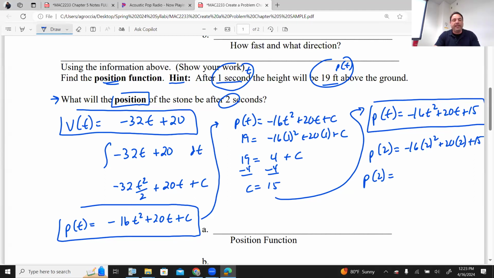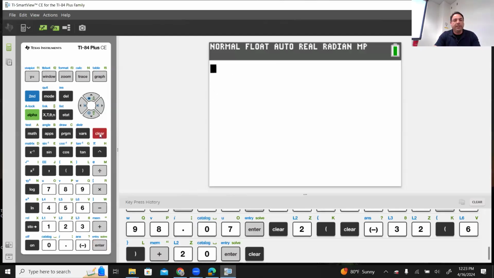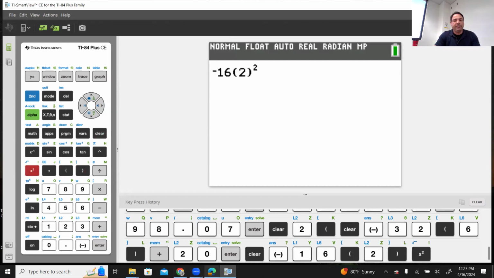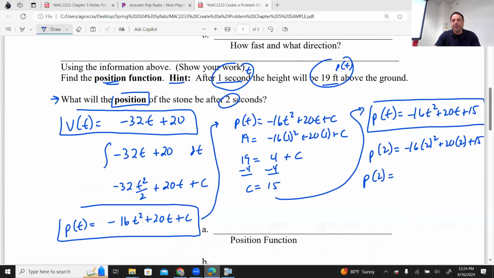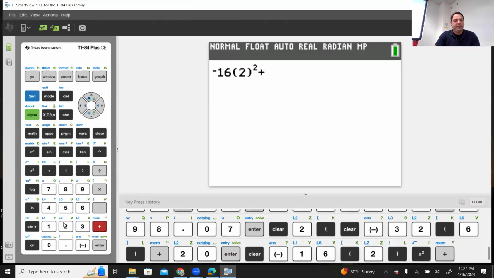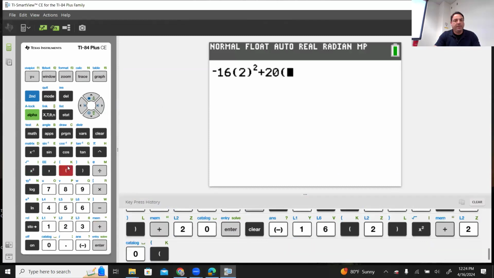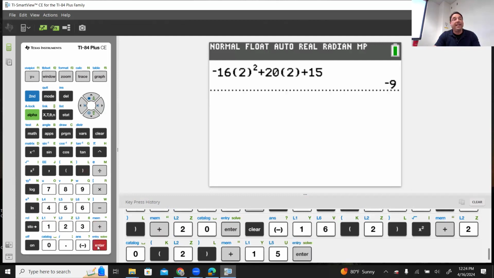So be careful typing it in. If I go to the calculator, okay, so we have -16 times 2 squared. Again, being careful to type it in correctly, plus 20 times 2 plus 15, we get -9.